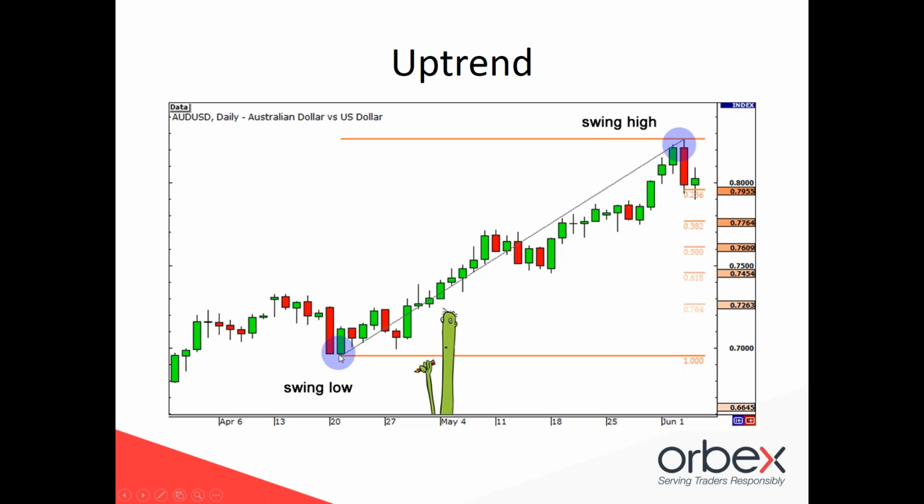This is the wave that we're talking about: the low here to this high. This is the whole wave. And 0.23 represents that the price already retraced 23% of the recent rally, from the 20th all the way to the top. Is that clear so far?